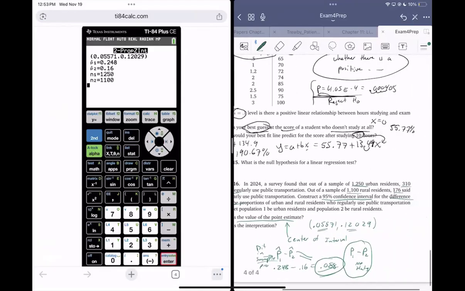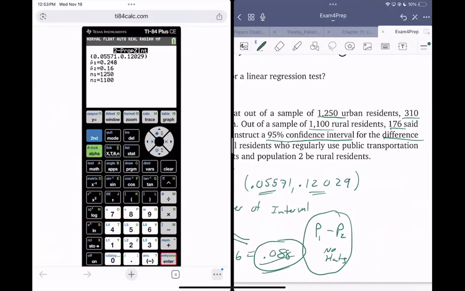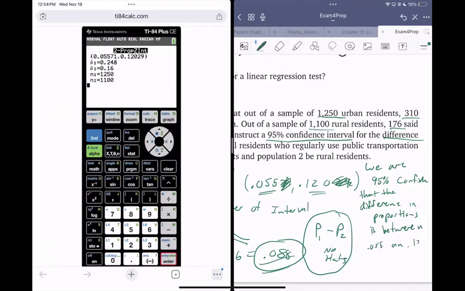For the interpretation: we're 95% sure that somewhere between, I'm just going to call that 5.5, we are 95% confident that the difference in proportions is between 0.055 and 0.120.